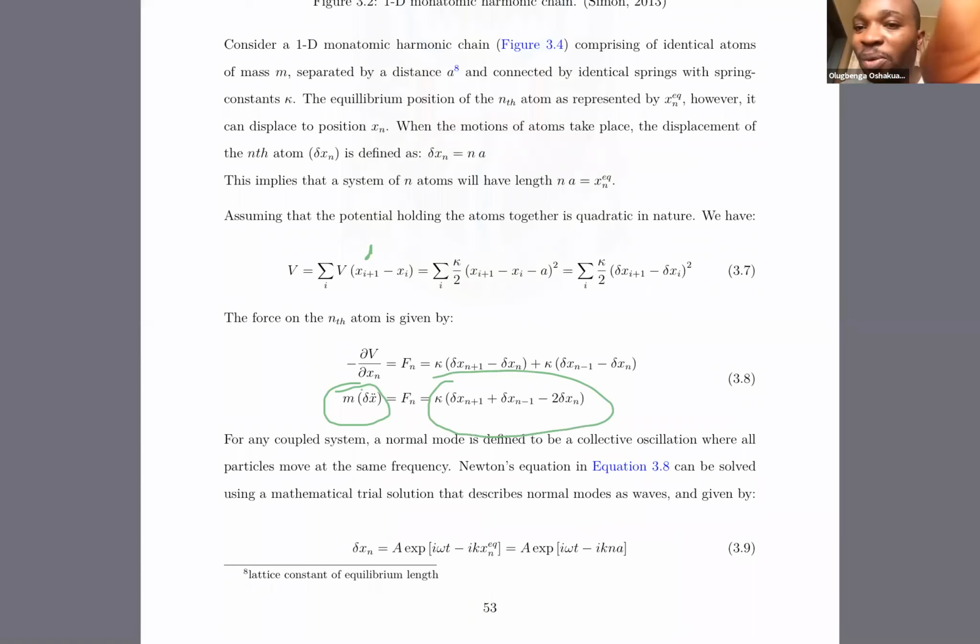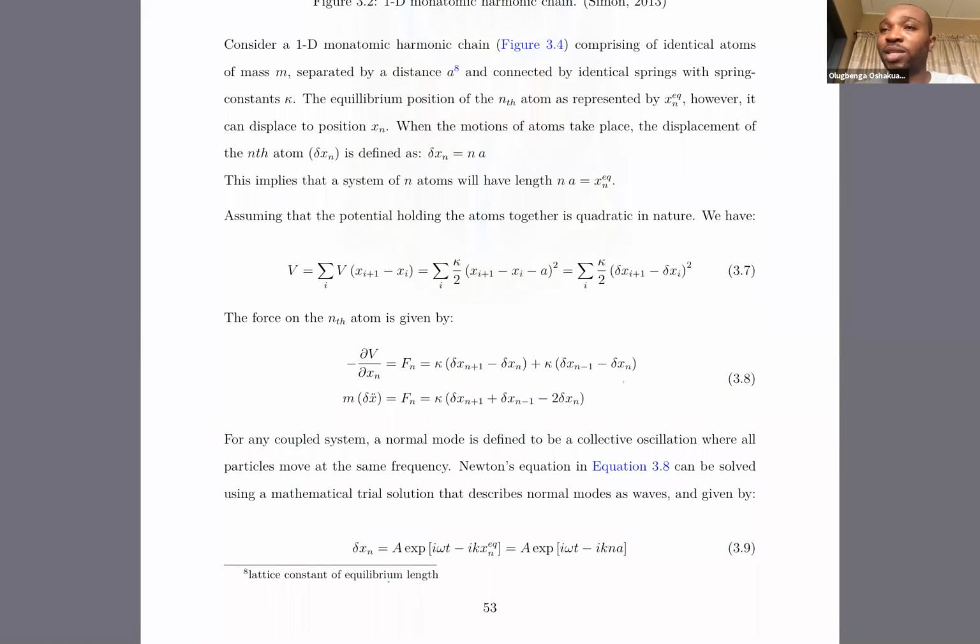And now the x here is taken to be equation 3.9. So we'll be bringing in equation 3.9 to mean delta x rather, in this particular expression.